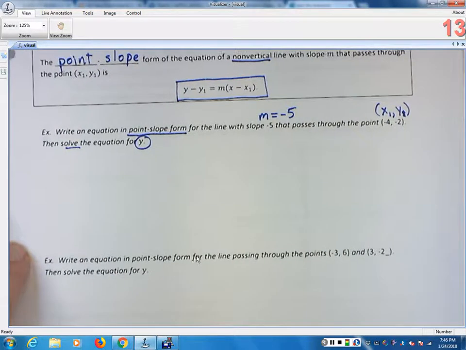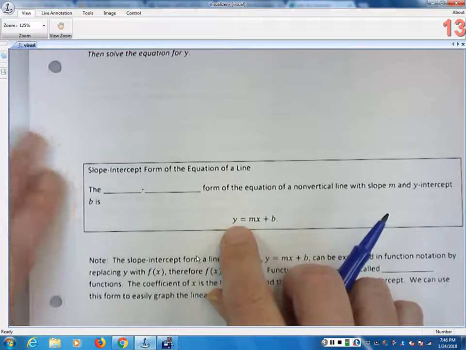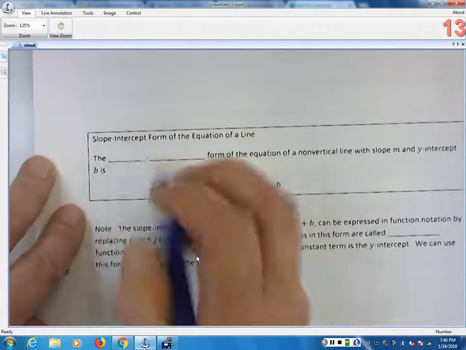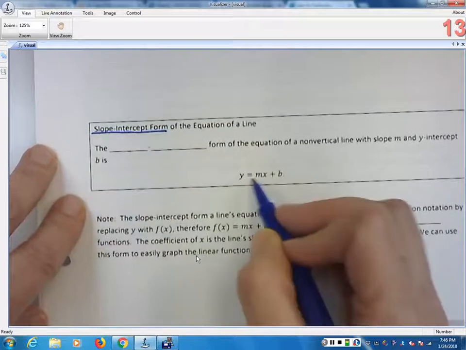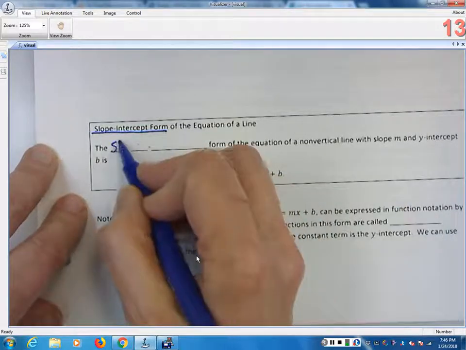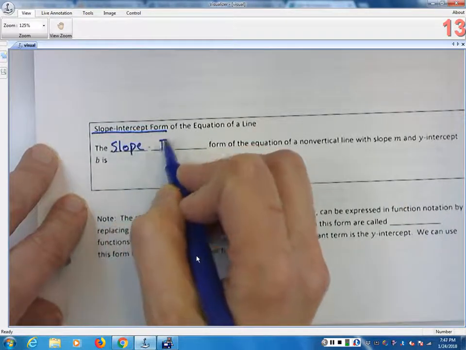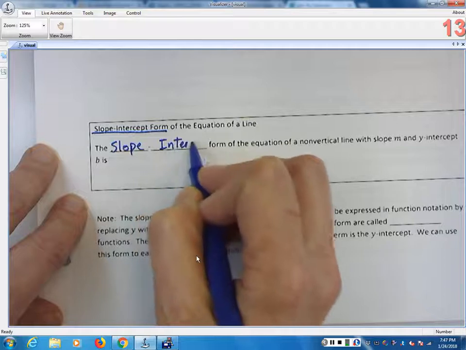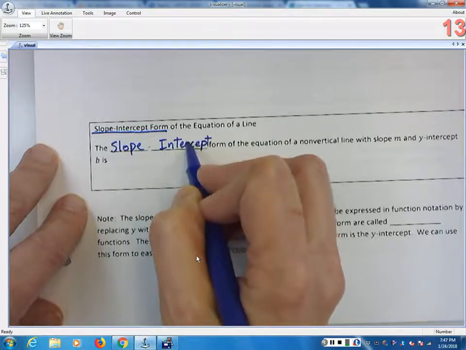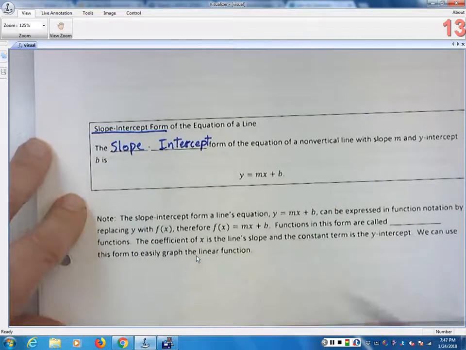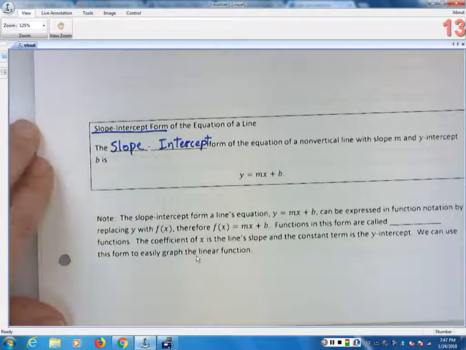When you solve the equation for y, that is called the slope-intercept form of the line, y equals mx plus b. And then we have the general form on the next page where it's set to 0.